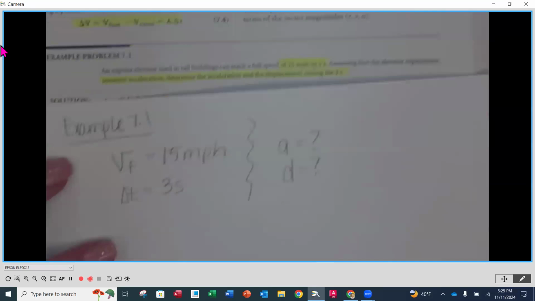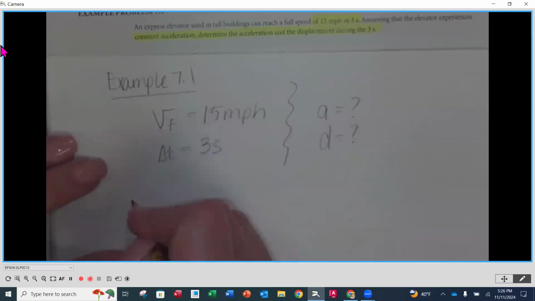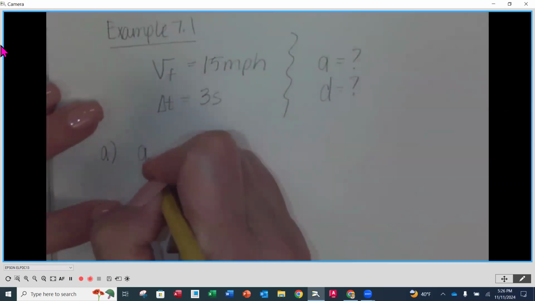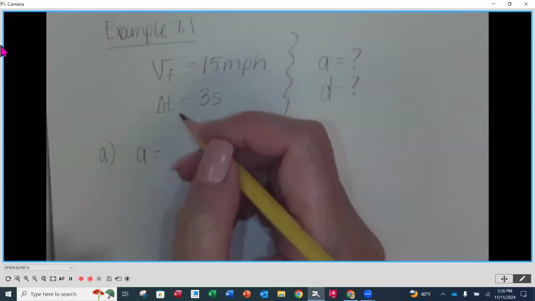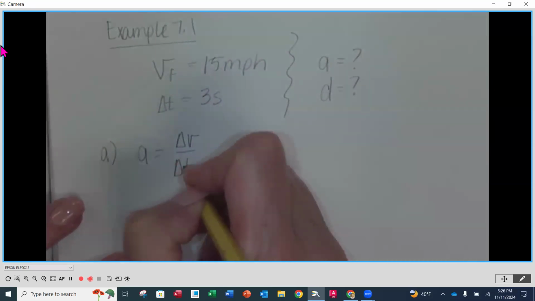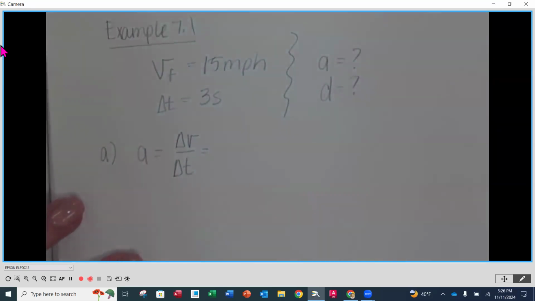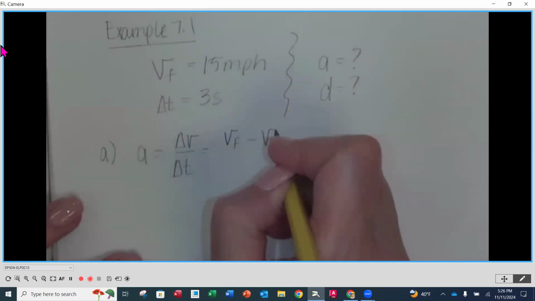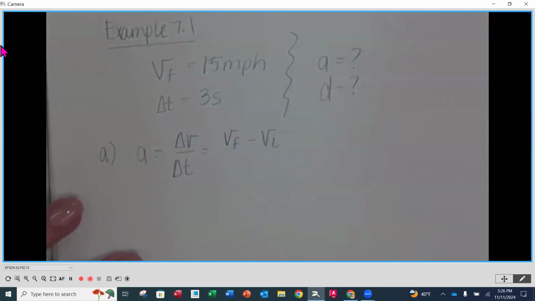So if we look here, acceleration, I'll kind of call this part A. Acceleration is going to be equal to, and I'm going to use that equation 7.3, change in velocity over change in time. Expanding out the change in velocity, it would be the velocity final minus the velocity initial.